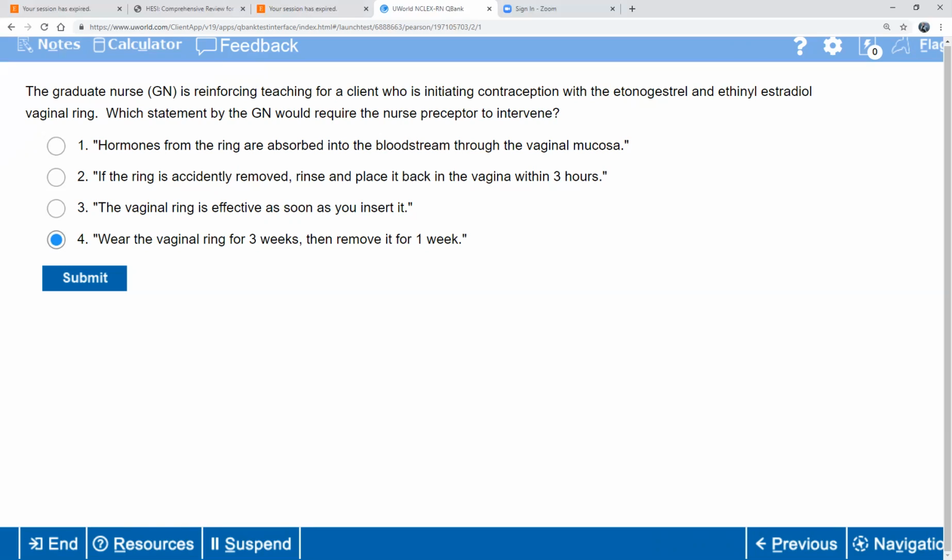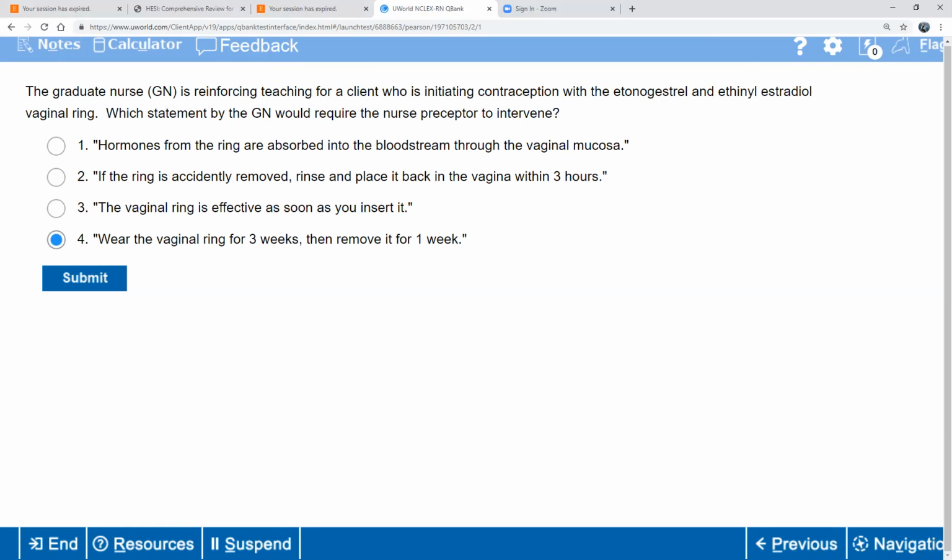I'm looking at 2 then. Rinse and put it back. If the ring is accidentally removed, rinse it and place it back within 3 hours. Why not right away? Number 2.